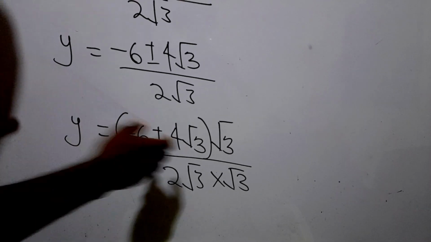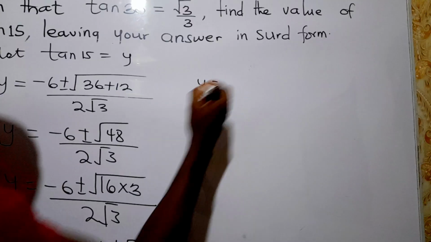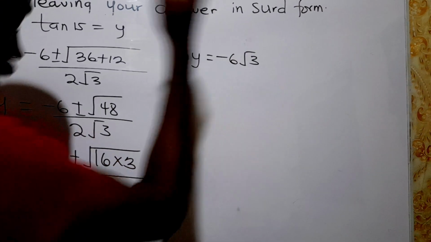So if we multiply this, we'll get negative 6 root 3.